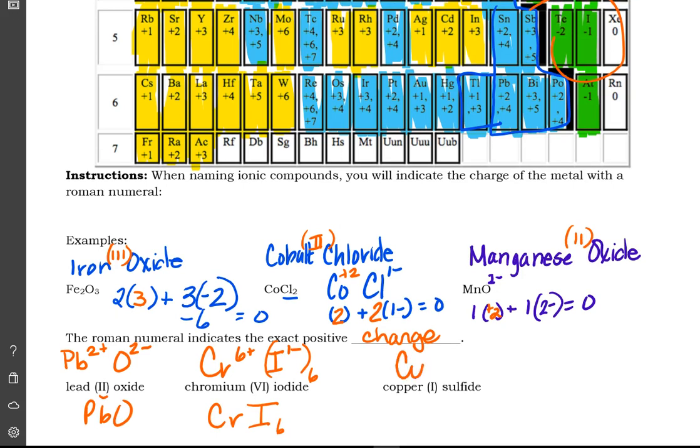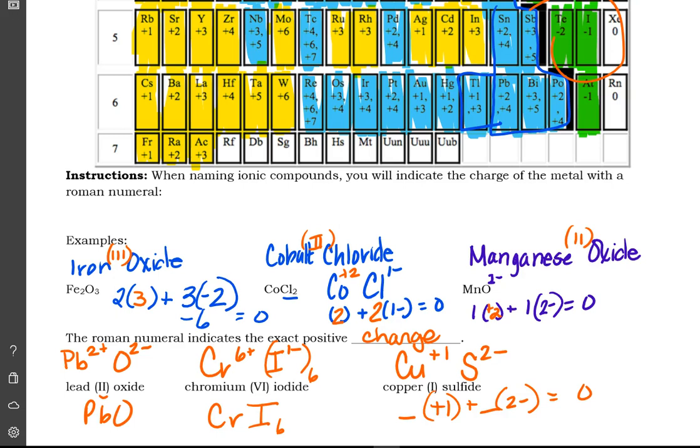Copper 1. Sulfur has a -2. So how are we going to write that? Well, if we do our little algebra problem, what coefficients can we put in there to get 0?